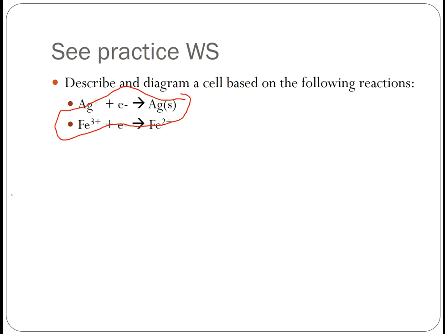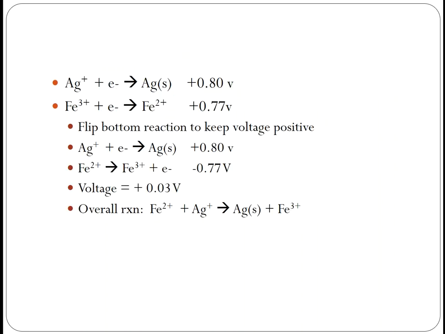Remember, these are half reactions, so we can't have two reductions, meaning one of these things has to be flipped, because we can't have just two reductions happening. So we have to look at our table of reduction potentials, and we have to decide which one should be flipped.